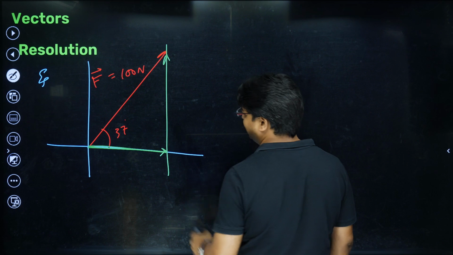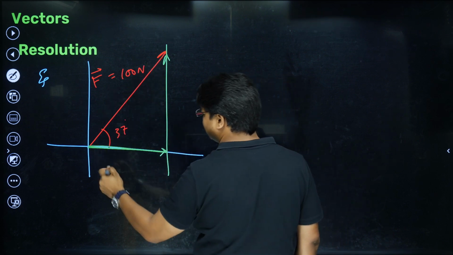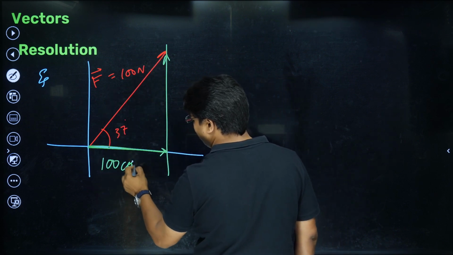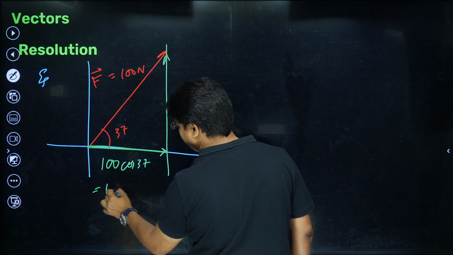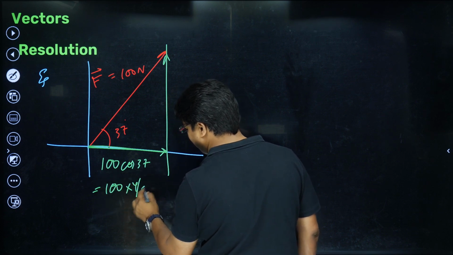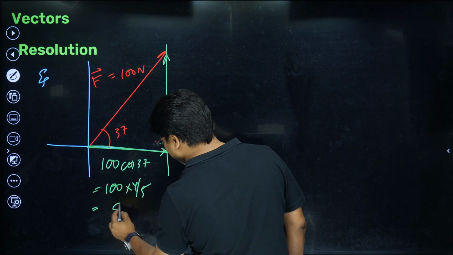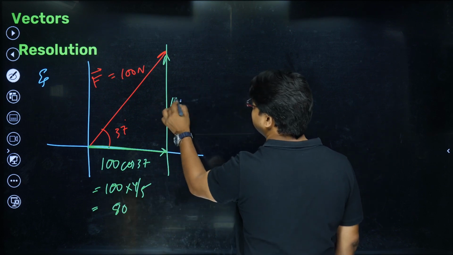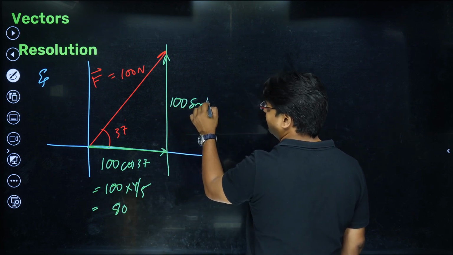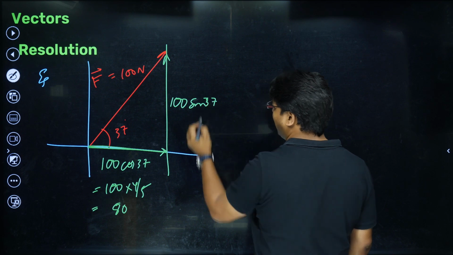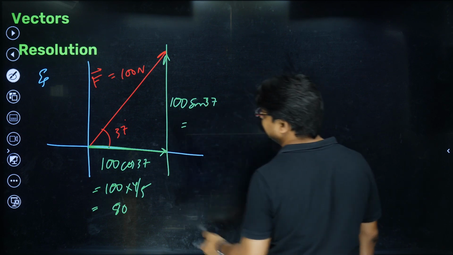This length will be how much? This length will be 100 cos 37, we just saw this. So this would be 100 into 4 by 5. Cos 37 is 4 by 5, I hope you remember that. So this will become 80. Similarly, this would be 100 sine 37, and sine 37 is 3 by 5.